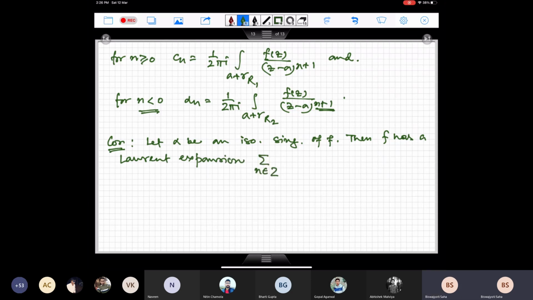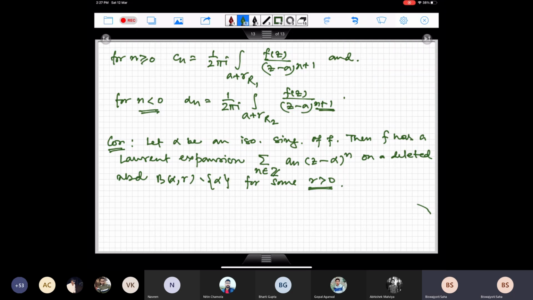summation over n in Z of a_n (z minus alpha) to the power n, on a deleted neighborhood B(alpha, r) minus alpha, for some r positive.